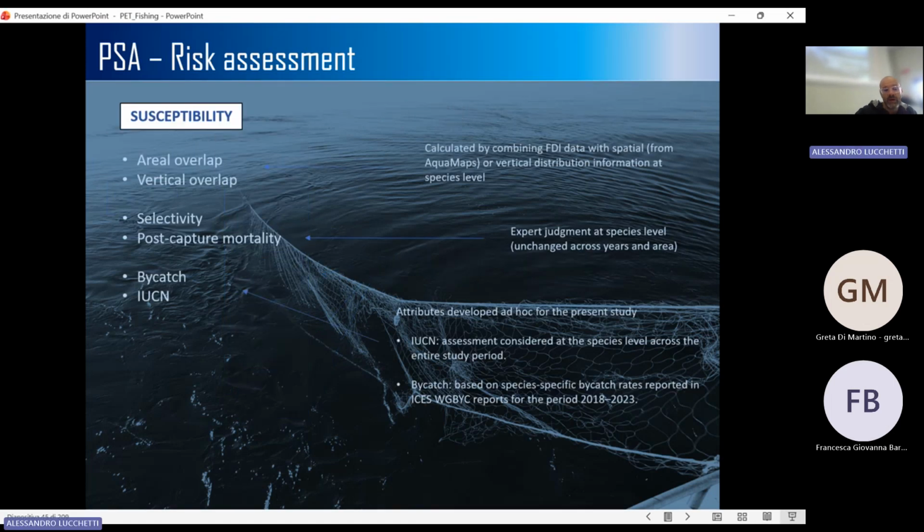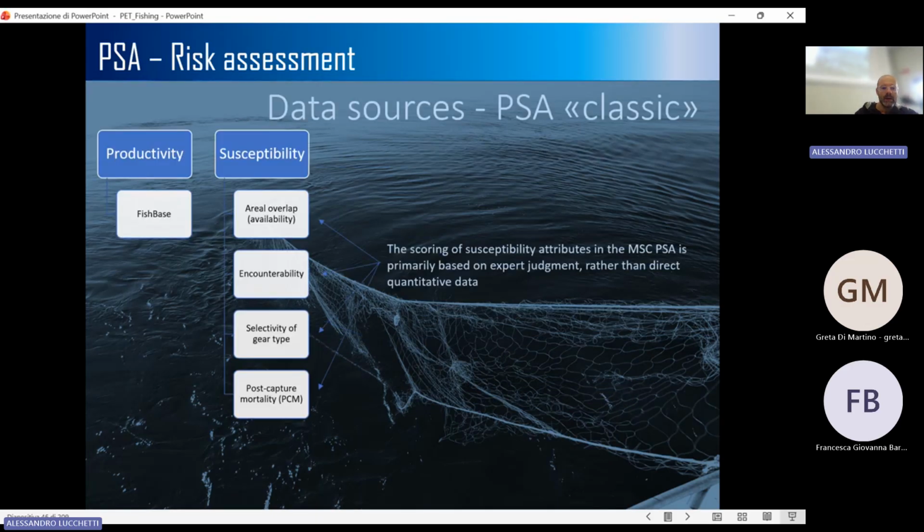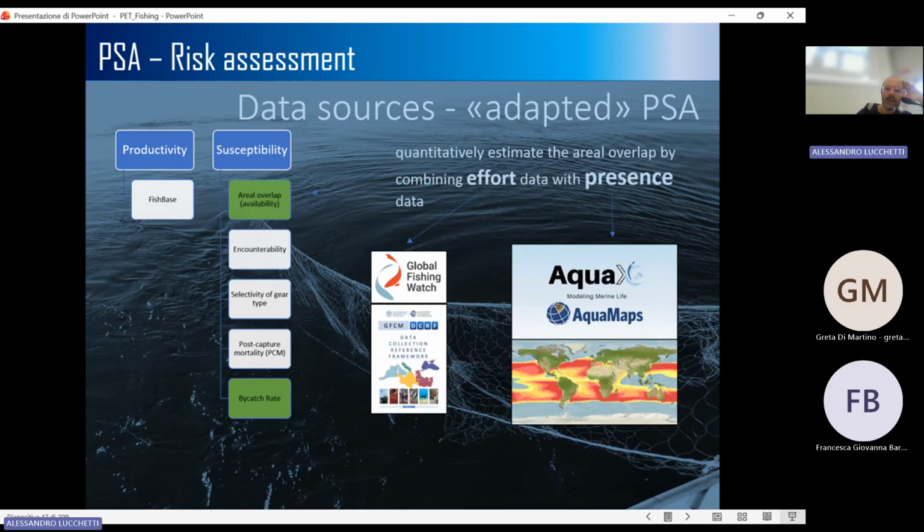And yes, sometimes you can also use the IUCN level, saying that this species is really rare, or quite common. This is an index of the presence of the species in an area. Yes, for this specific study, at that time we used the productivity from FishBase, and for the susceptibility, all the other attributes that I showed you before.